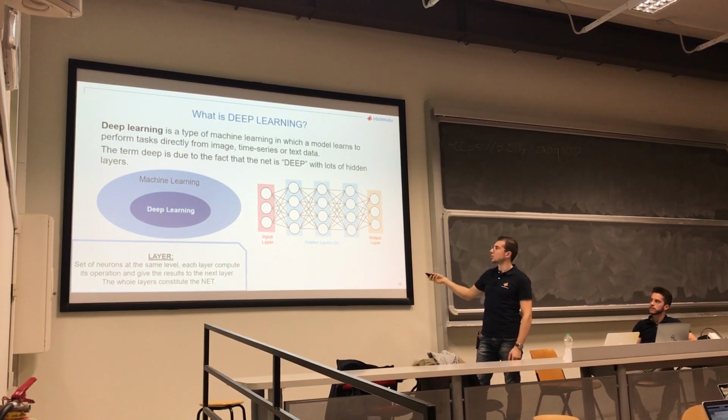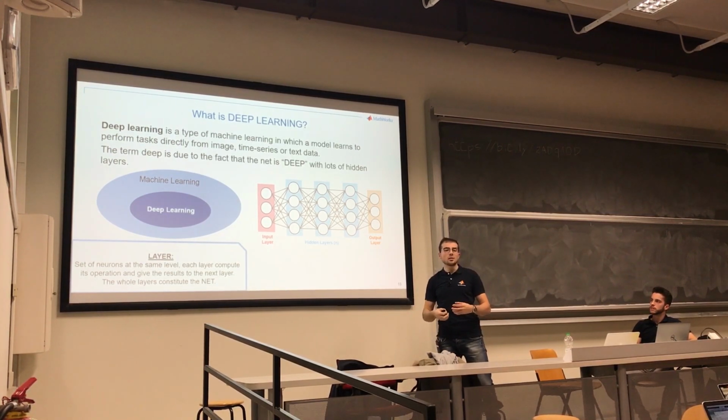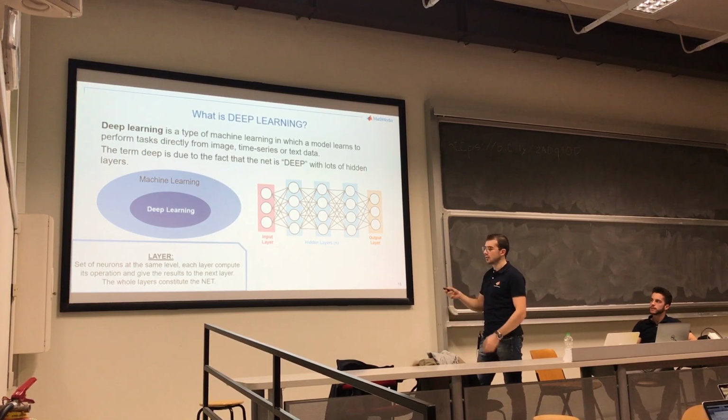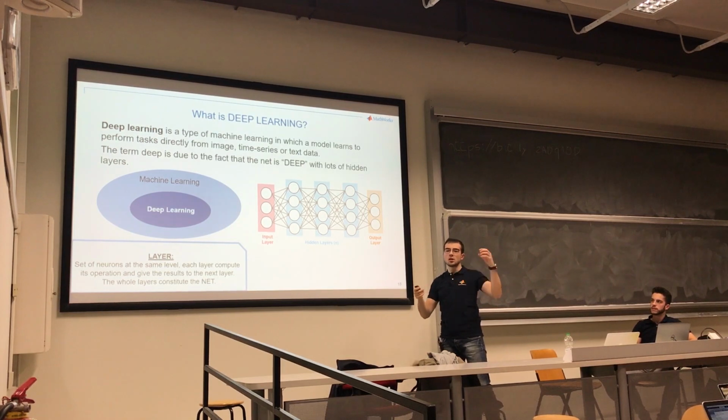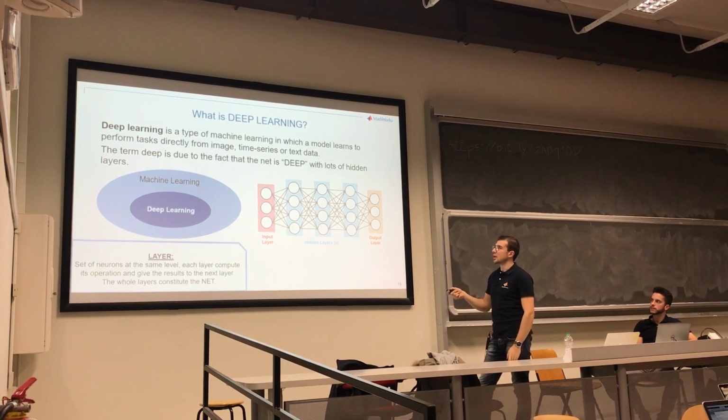Here we have a series of layers, 1, 2, 3, that are hidden layers because they do something that the output does not show, something that is hidden by the network, because you see the input and the output, you don't see what the network is doing, okay? And then, of course, the output layer.